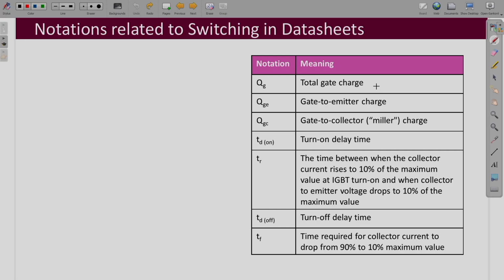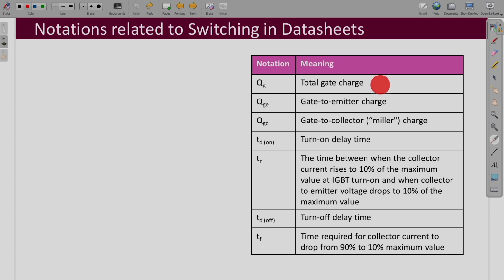So we saw that the switching characteristics of MOSFET and IGBT are similar except for the tail current. The IGBT has a tail current, and that is what makes it a slower device than MOSFET. Next, what are the terms in the data sheets associated with switching?